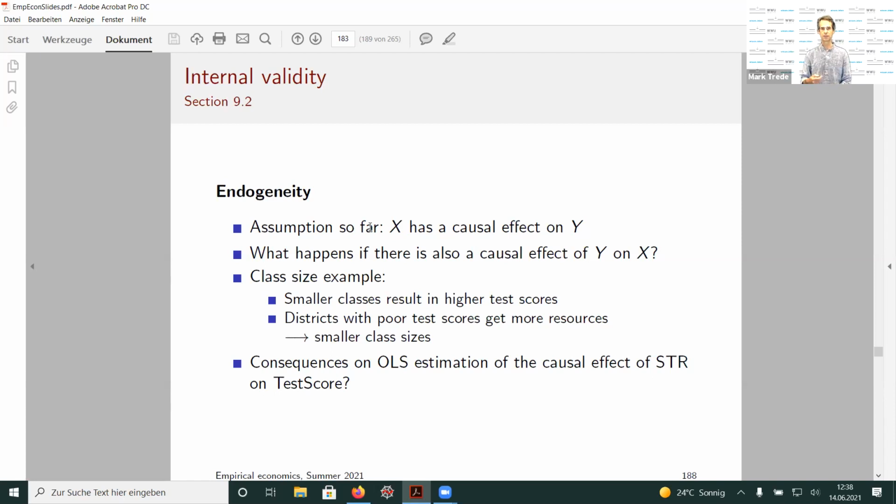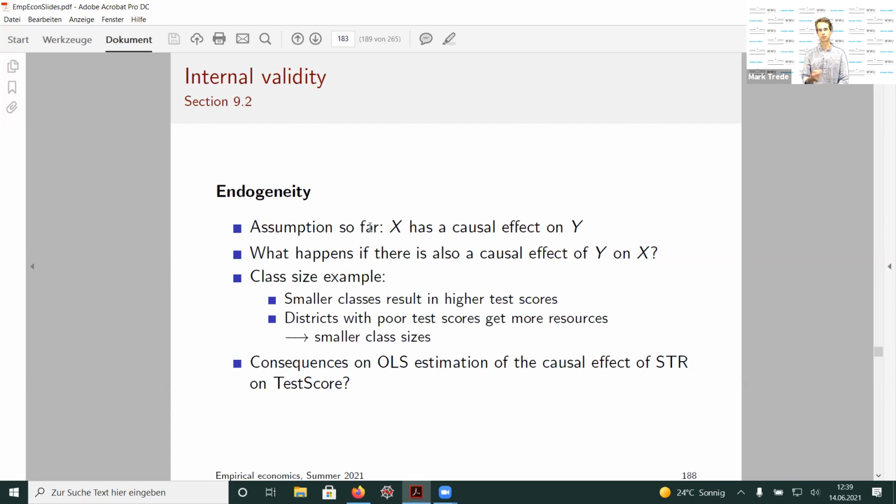So in the class size example, usually most people think that the line of causal effect starts with getting smaller classes, and this will improve the test scores. But it could also actually go the other way. So if you have a school district where the test scores are really, really poor, then there might be political pressure to put more resources into that district.